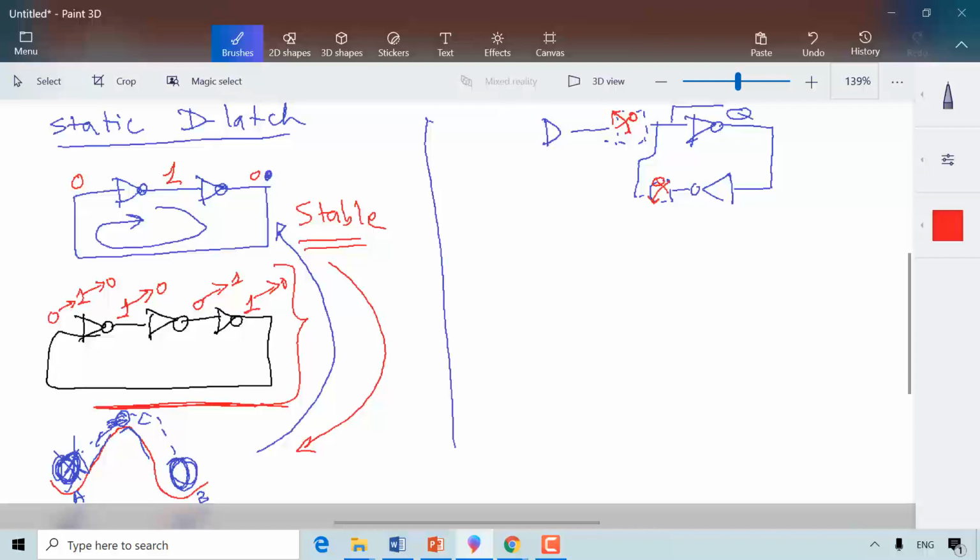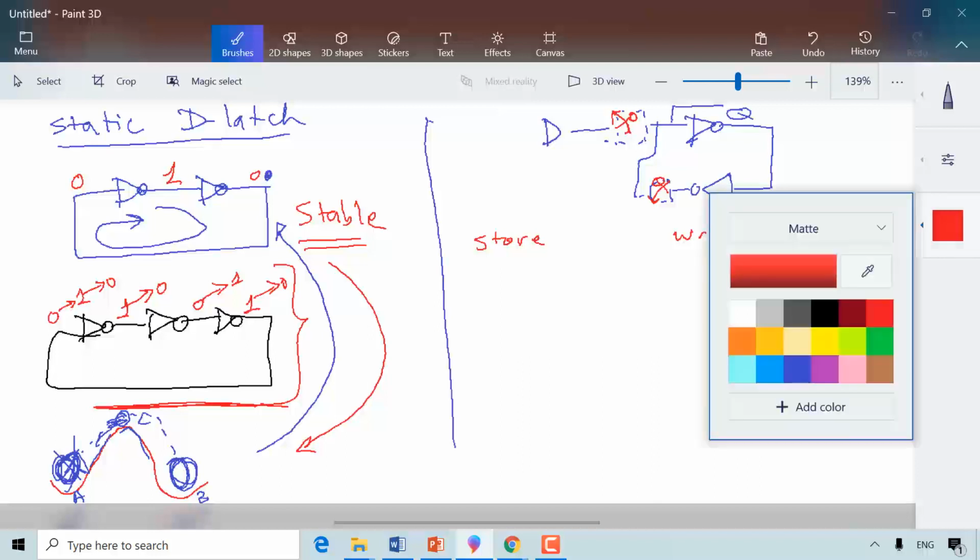So we know that we need to do two operations: the store and the write. Based on this configuration, let's see how we can do a store and how we can do a write. The store operation is very simple.